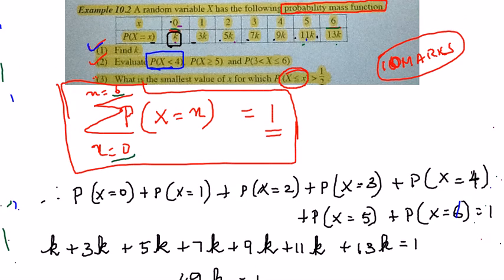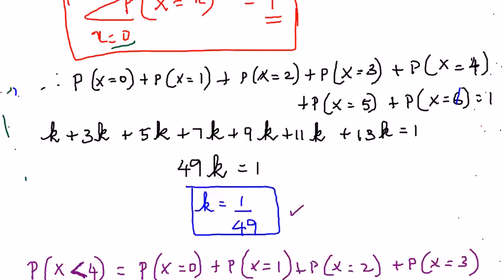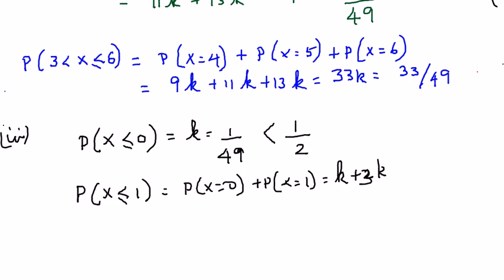When I add it, I get 4k, and substituting k is 1 by 49, I get 4 by 49. 4 by 49 is also less than half. If you want, you can divide and see. Half is 0.5 and 4 by 49 is around 1 by 12, which is obviously less than 0.5, approximately.